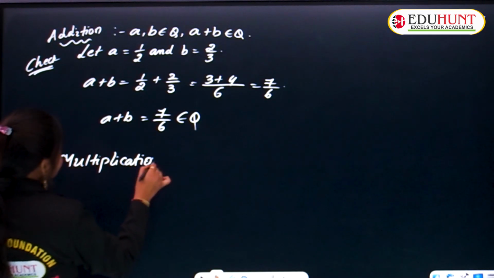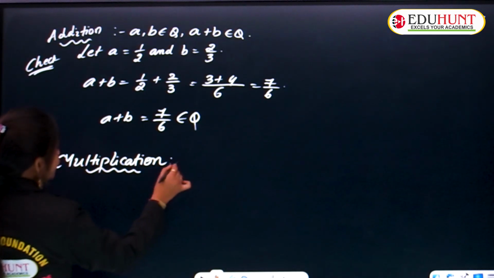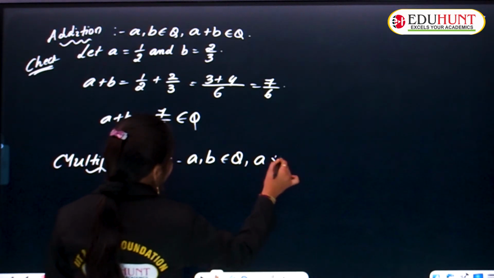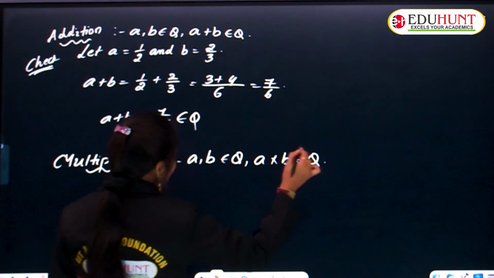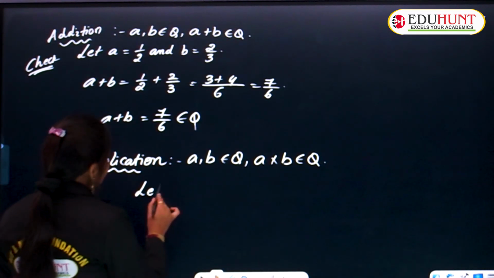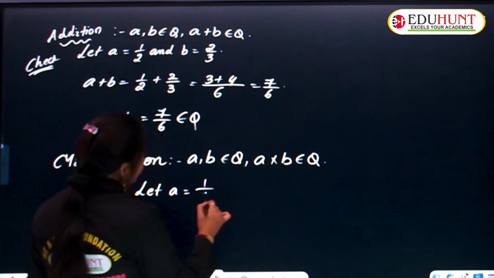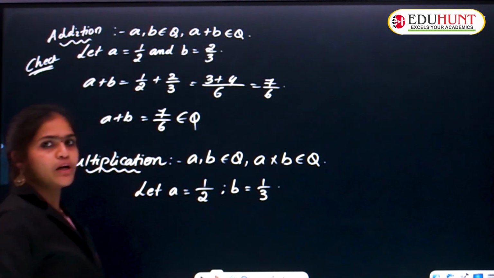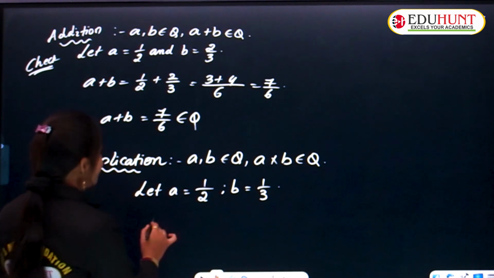The second fundamental operation given here is multiplication. The multiplication condition is: A, B belong to rational numbers, then A into B also belongs to rational numbers. Let A is equal to 1 by 2 and B is equal to 1 by 3.